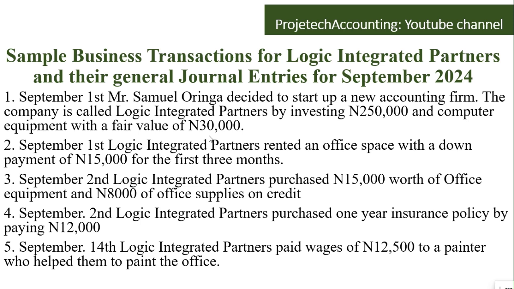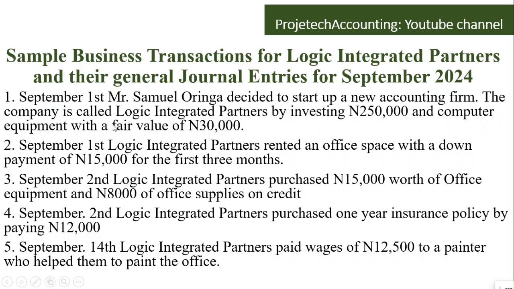We also understand how to do a journal. That's going to be a whole lot of information, so I want to encourage you to go ahead and watch this video because you are going to really get a lot of information.